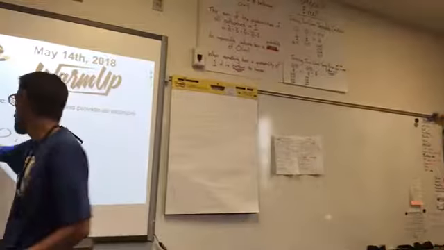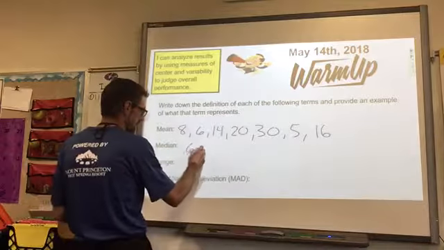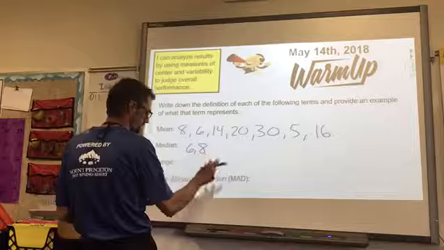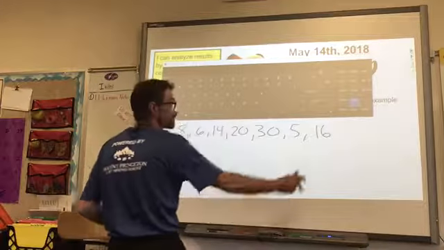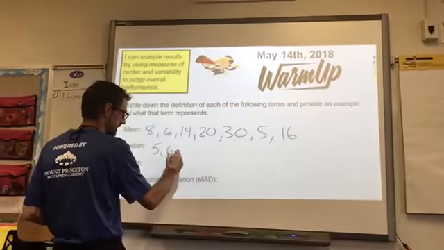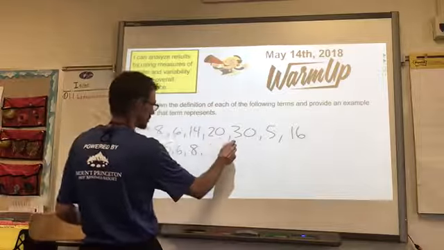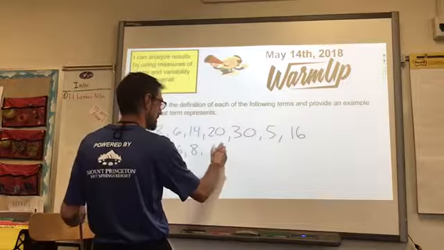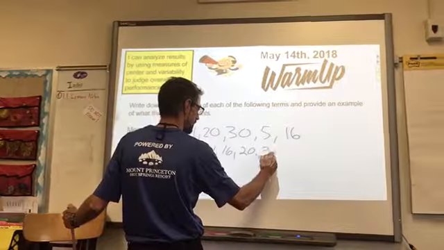Okay, so if I took my data set, ascending would be 5, 6, 8, 14, 16, 20, 30.